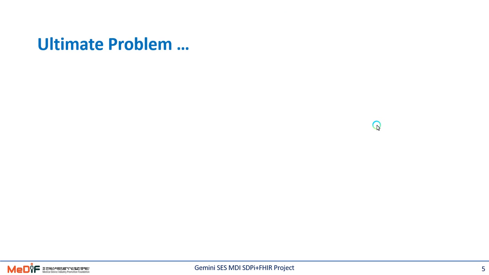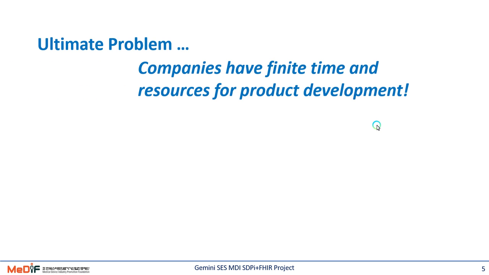But what is the ultimate problem? The ultimate problem is that companies have finite time and finite resources for product development. They don't have years, generally, to be able to put this together. They say, "Okay, we need to have an interface that needs to interface with my phone or a cloud-based system. Let's see, we'll have engineer Fred do this.